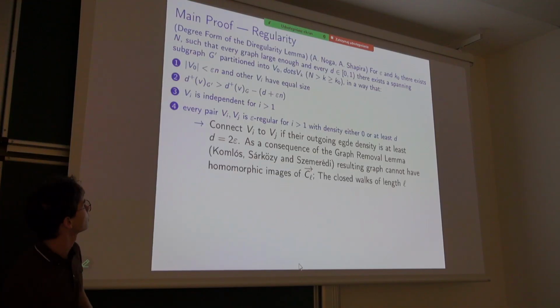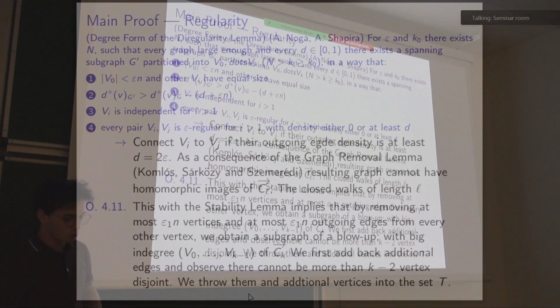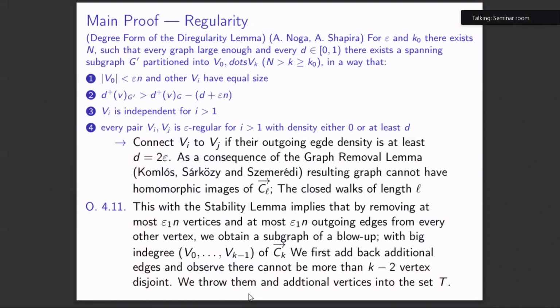Unfortunately, I don't think I have time to say more about them. With this, as we sacrifice epsilon n from the outdegree to remove all the homomorphic images of CL, which are simply closed directed walks of length L, we are exactly in the statement of the stability lemma. We of course use it.